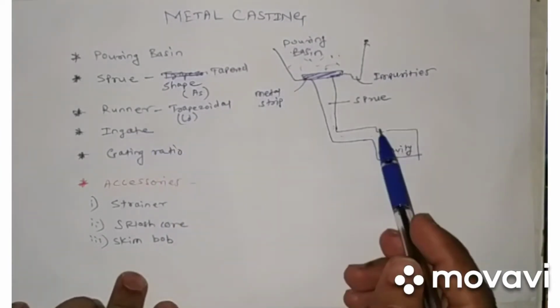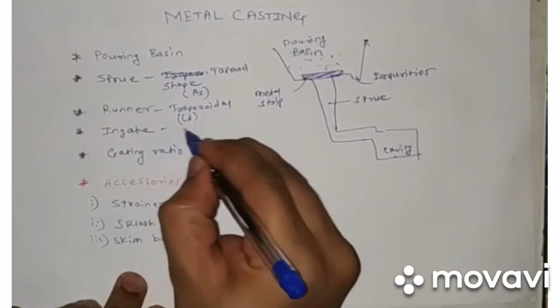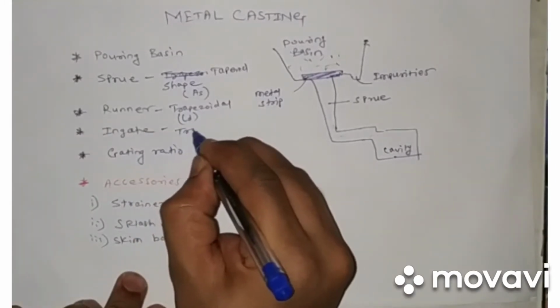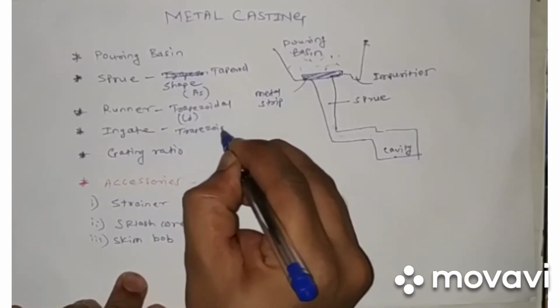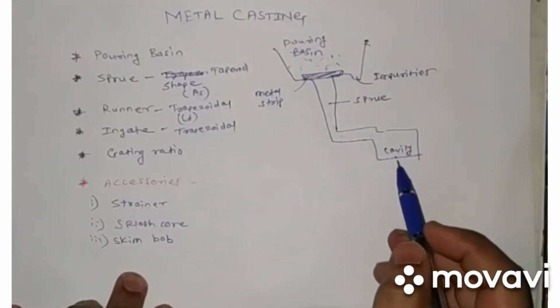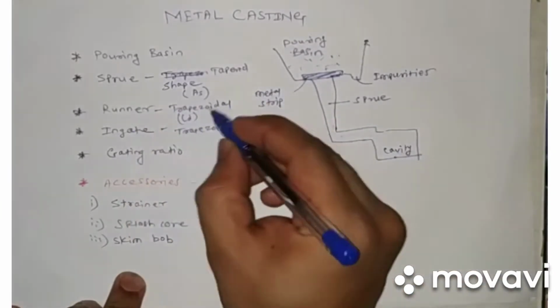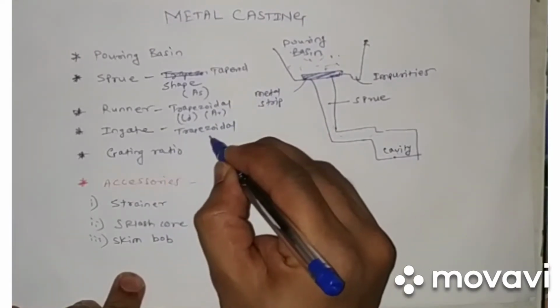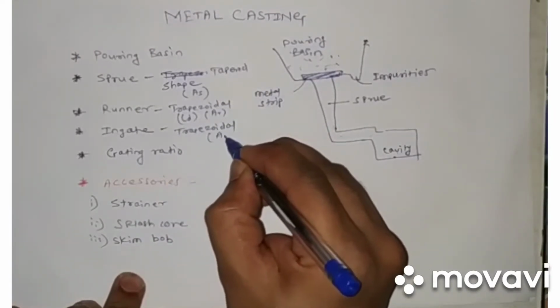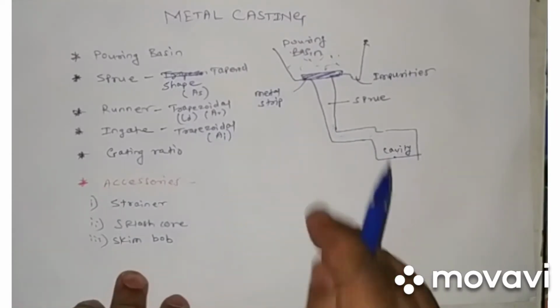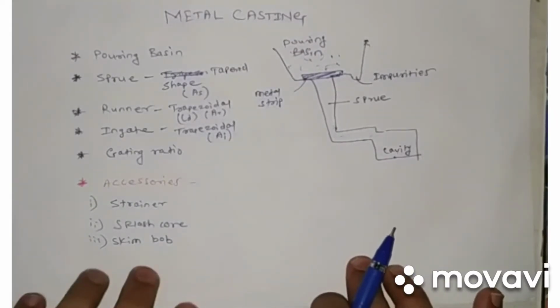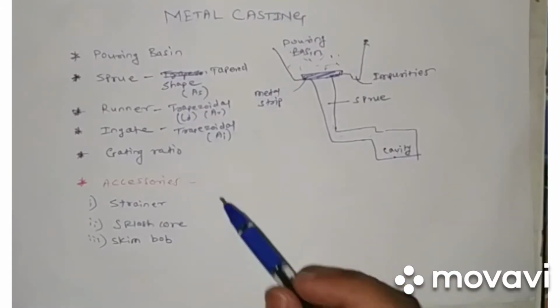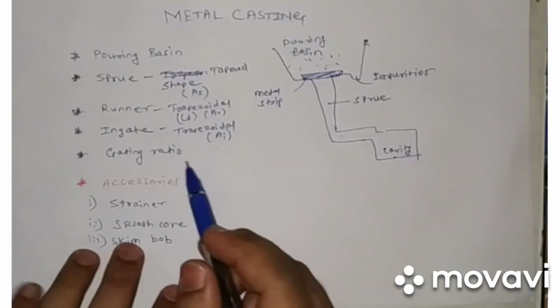Now the ingot also has a uniform trapezoidal shape, and it is the entry to the cavity. The runner area, let's consider it as AR, and the ingot area, let's consider it as AI. So these are the three areas. And now what is the gating ratio?